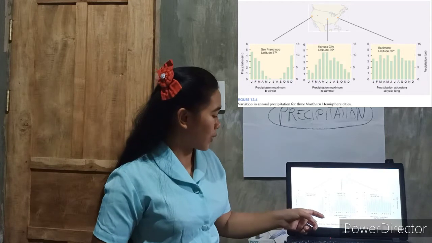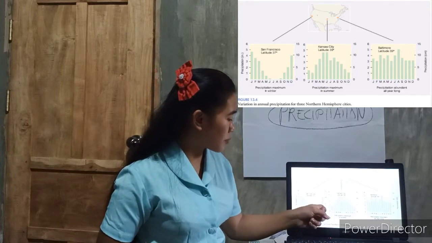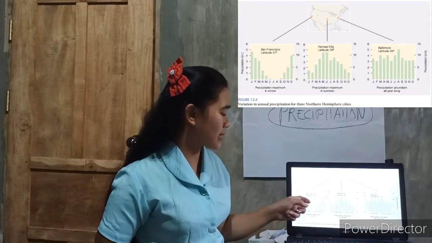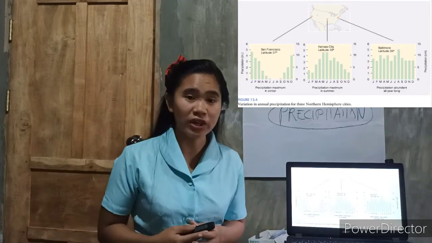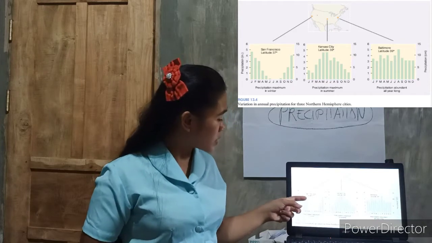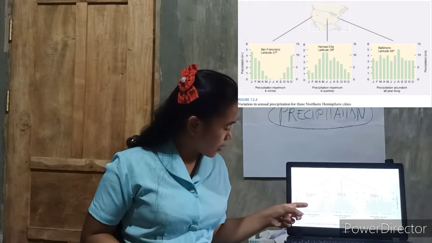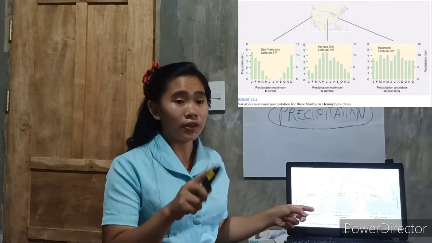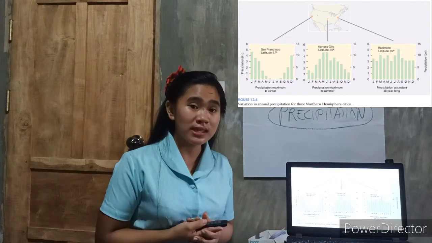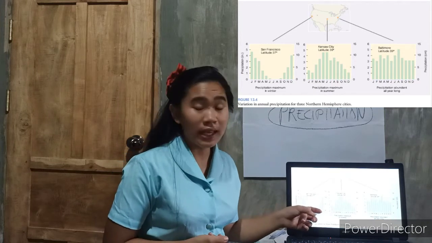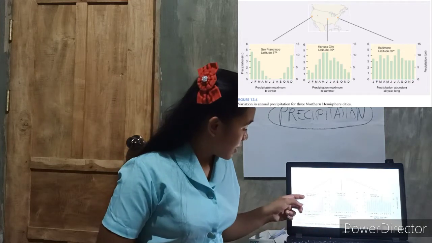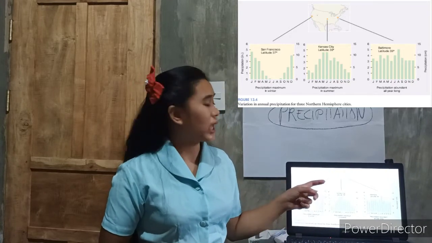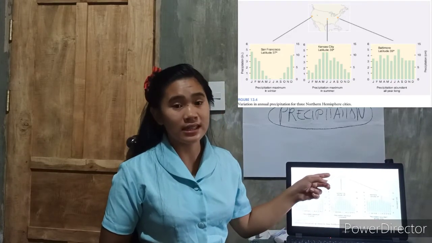December and January have the highest precipitation. But when it comes to summer, it is decreasing. So precipitation is maximum during winter in the West Coast cities.